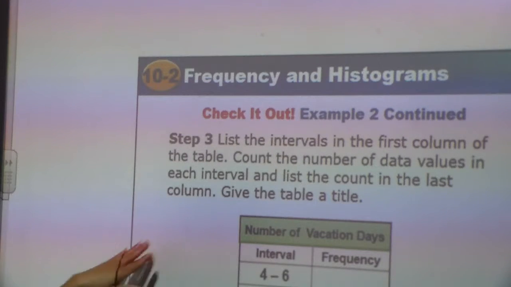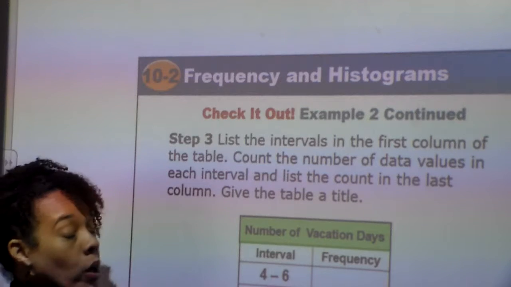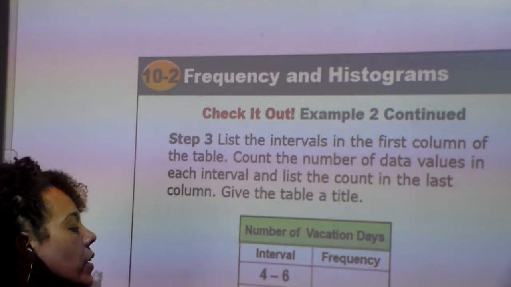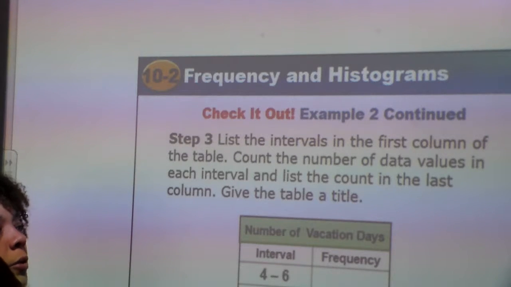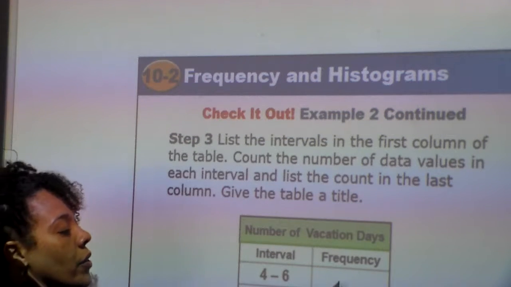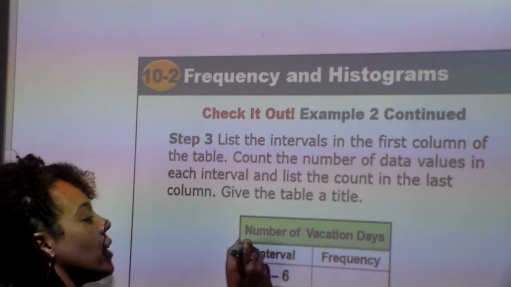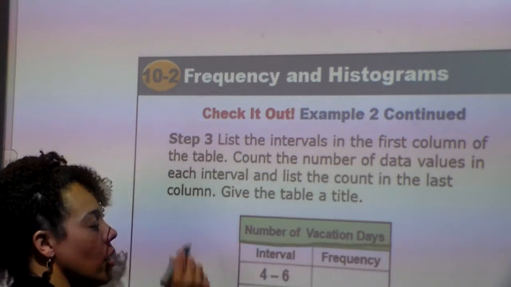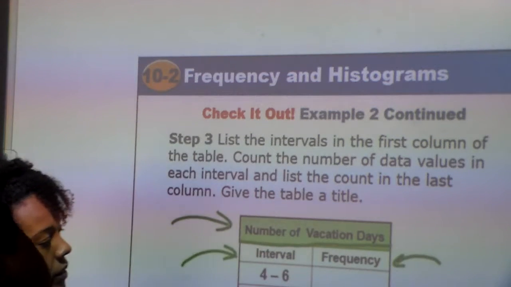So here, these are intervals of 3. Numbers between 4 to 6, 7 to 9, 10 to 12, and 13 to 15. We'll be recording the frequency of those in the data set we were just given with the title on here, number of vacation days. Very important to have the title, the heading, and the frequency.